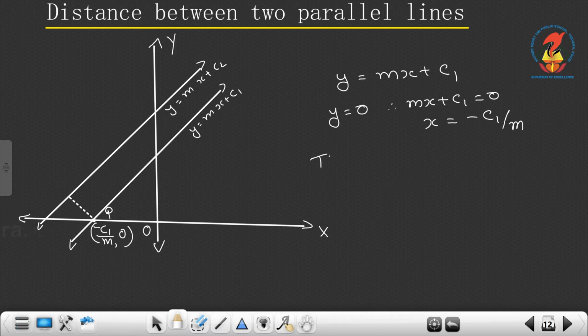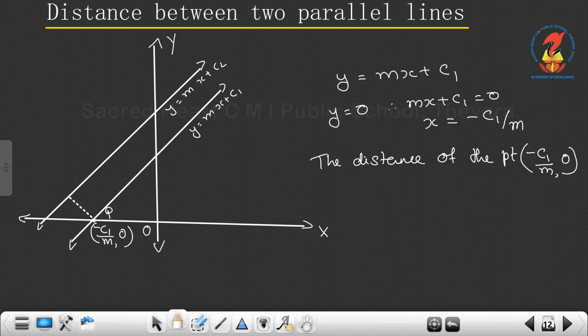Now, the distance of this point, the point (minus c1 by m, 0), from the line.